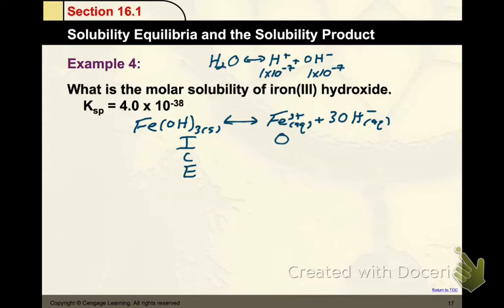No Fe3+ to start out, but we do have 1 times 10 to the minus 7 molar of the OH minus to start. So if we use s again for our solubility here, we could say plus s, plus 3s. So at equilibrium, we've got s and 1 times 10 to the minus 7 plus 3s.